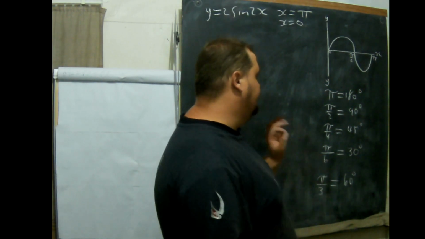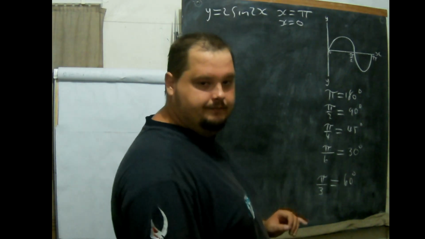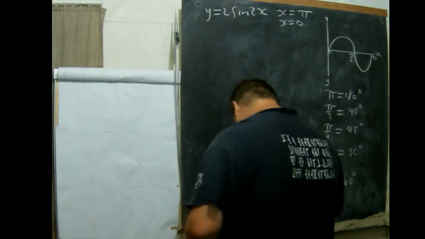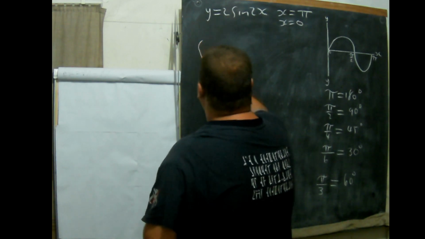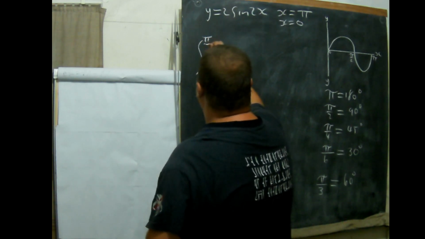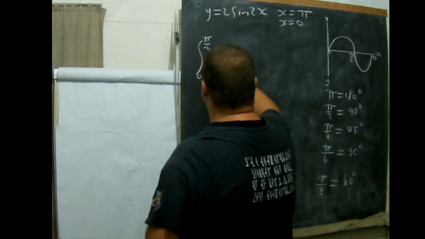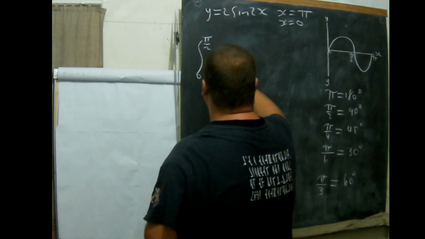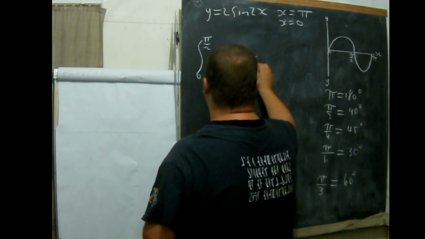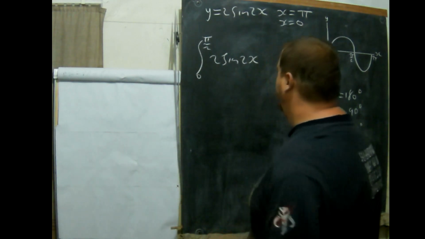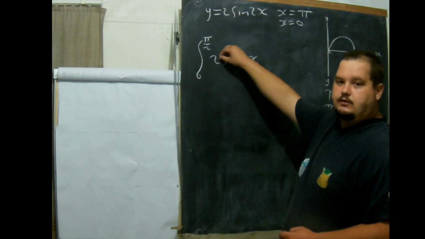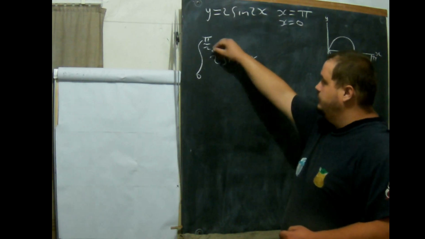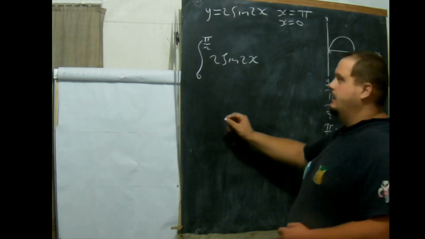Pi over 2 is 90 degrees. So we have the integral from 0 to pi over 2 of 2 sine 2x. Now what we do is transpose the 2 outside the integral sign.